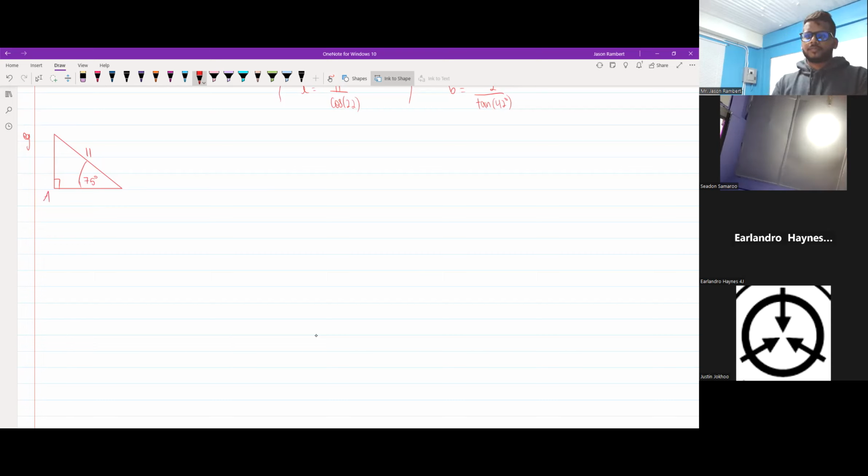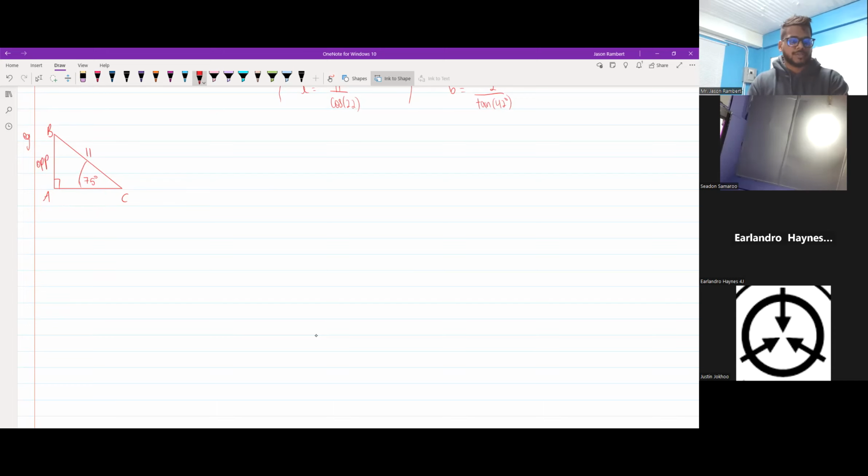Cool. If I use 75, what's going to be my opposite? B. He named this side AB, he named AC, he named BC. So B is going to be my opposite.